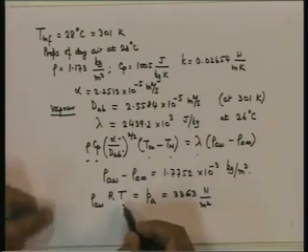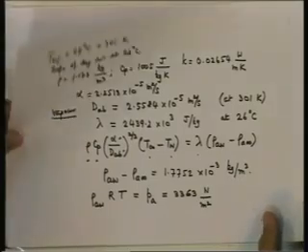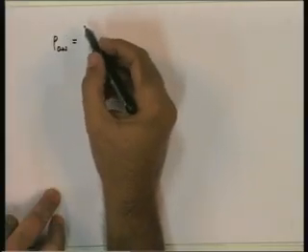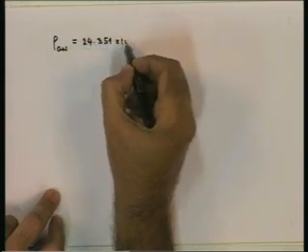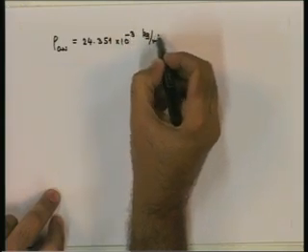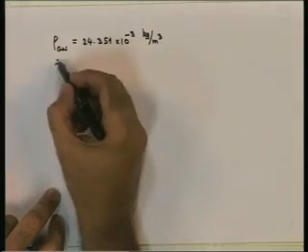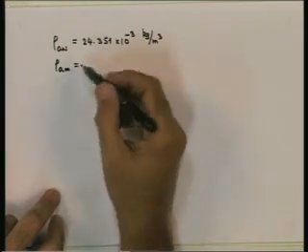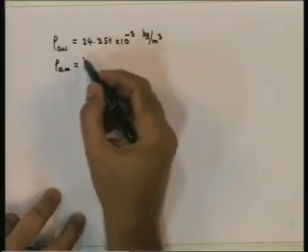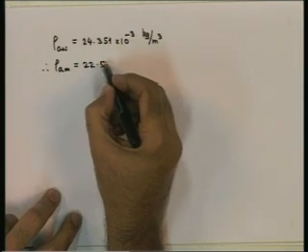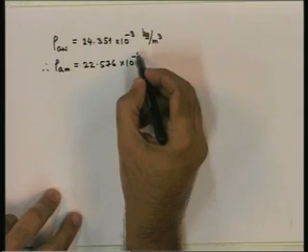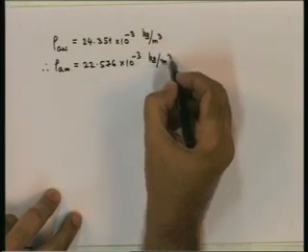Substitution for temperature, which is 299 Kelvin, and the gas constant for steam gives you the value of rho AW to be 24.351 into 10 raised to minus 3 kg per meter cube, and rho A infinity is, from our difference relation, 22.576 into 10 raised to minus 3 kg per meter cube.